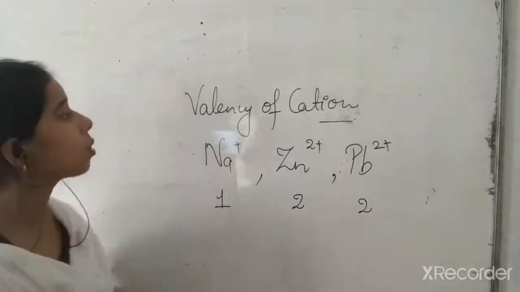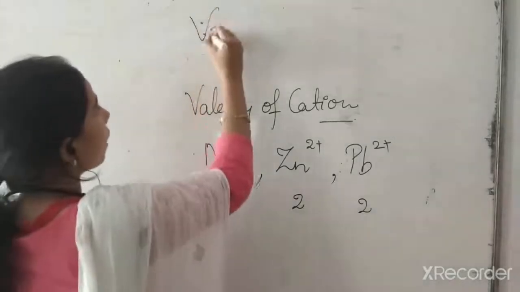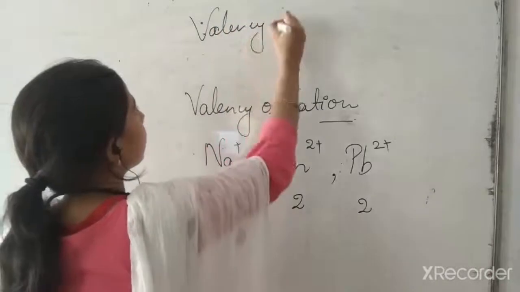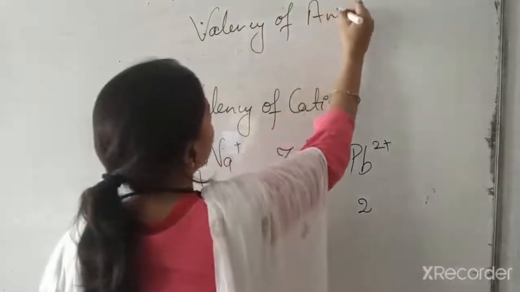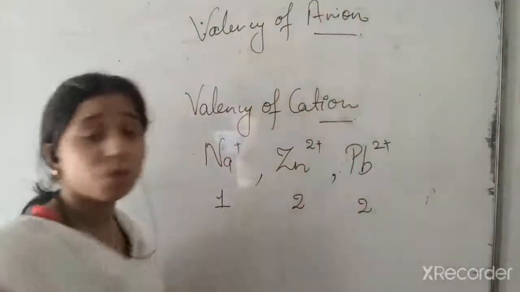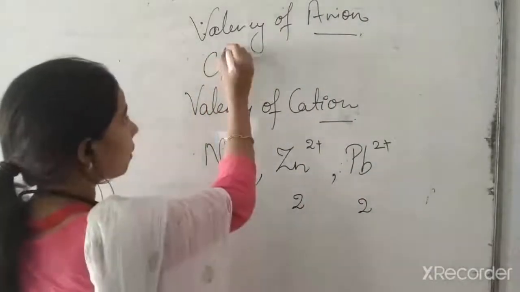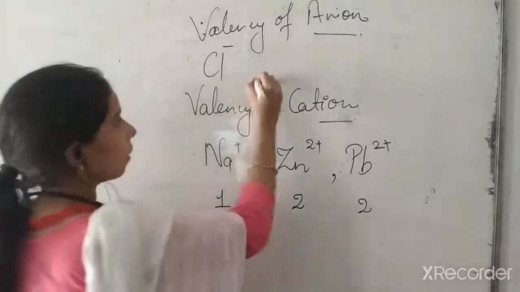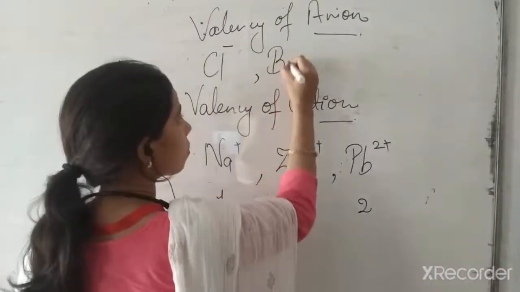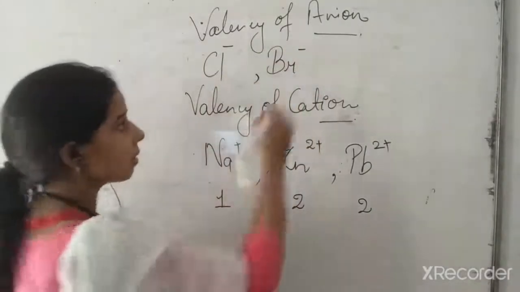Now suppose we talk about the valency of an anion. In case of the valency of an anion, suppose chlorine is there, so chlorine minus. Bromine is also minus.